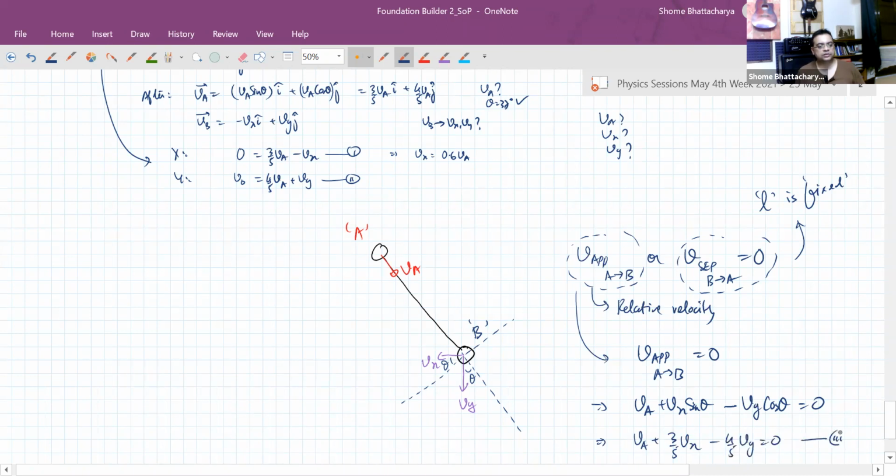And that is our third equation, because theta over here we know is 37 degrees. Now we will solve the three equations for the three unknowns, VA, Vx and Vy. And from that we will know the velocities VA and VB as vector quantities in terms of our I cap and J cap, where for us the J cap is downwards and the I cap is like this. This is the system of axis vector.